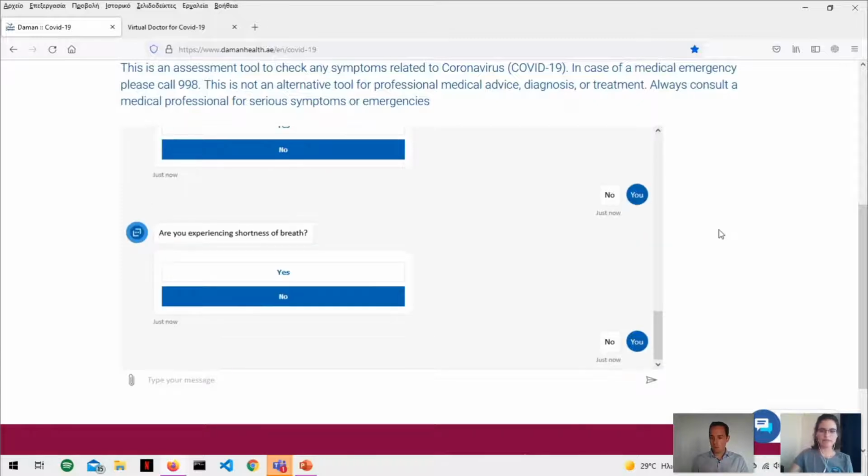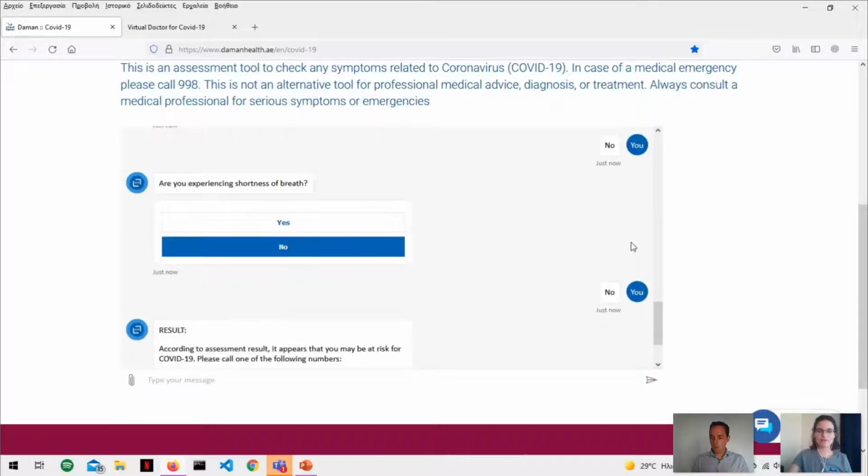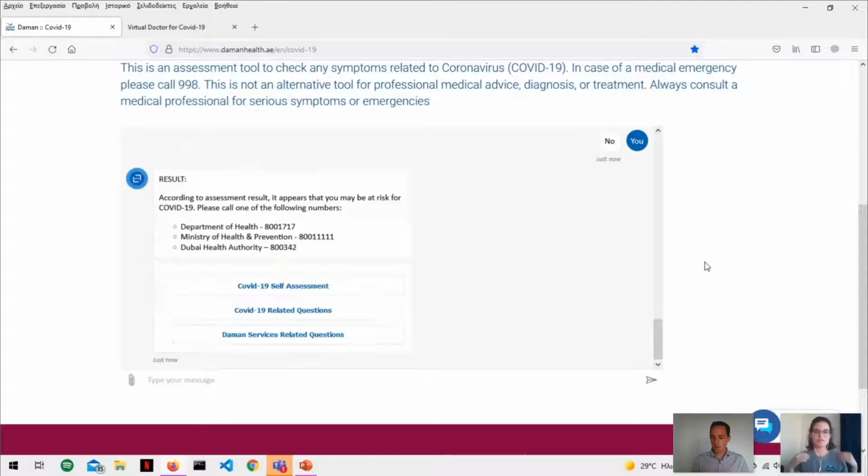And just like that, we have our result. It's very simple. We don't need to go to a hospital. We can be safe. The hospital staff can also be safe, thanks to this very easy self-assessment test through the Daman Health Bot that was developed with the Azure Health Bot.